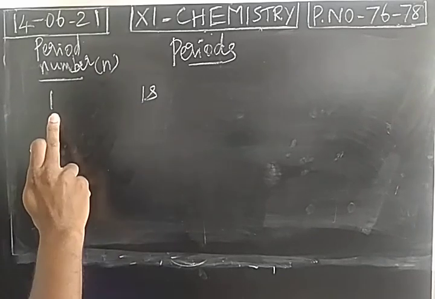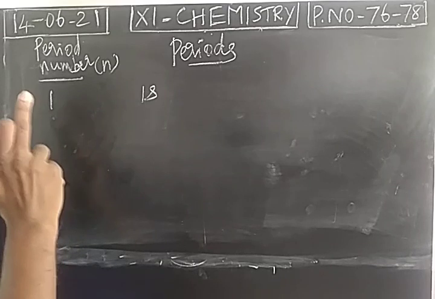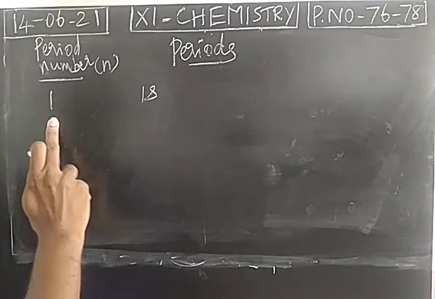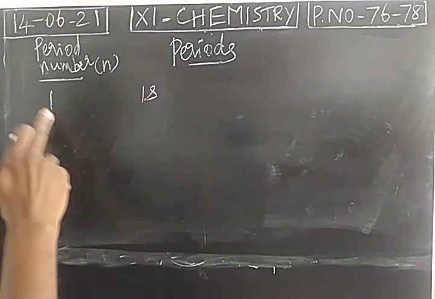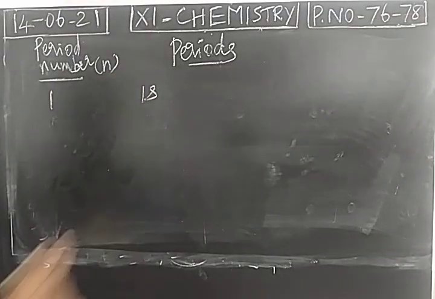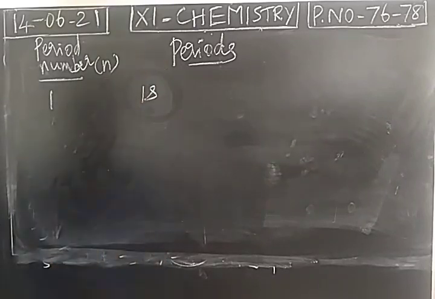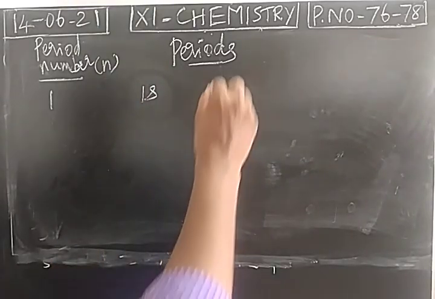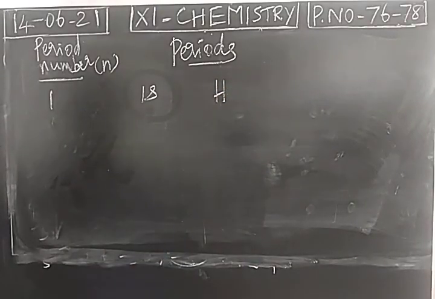It is nothing but first period number, principal quantum number value 1 as well as first shell. First shell will have what type of orbital? 1s orbital. How many electrons can be placed in 1s orbital? Maximum 2 electrons. Okay. So when you take 1s orbital, maximum 2 electrons will be placed, so that only 2 elements are present in the first period.